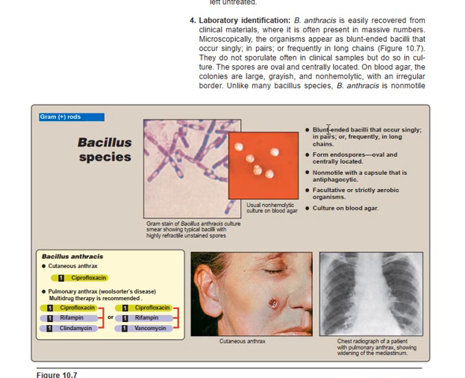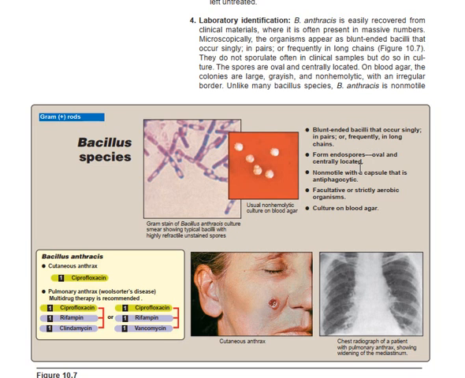One is that they are blunt-ended bacilli that occur singly or in pairs, or frequently in long chains. So they can also occur in chains, unlike the Corynebacterium diphtheriae that occurred in clumps to produce Chinese letter patterns. This one occurs in long chains. The next is that it forms endospores, is it clear, which are oval and centrally located.